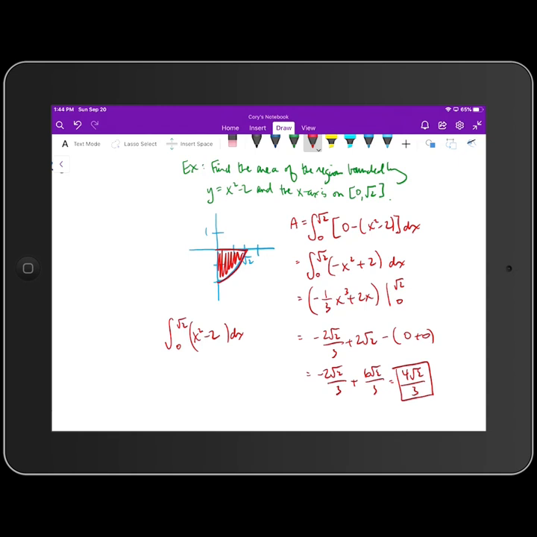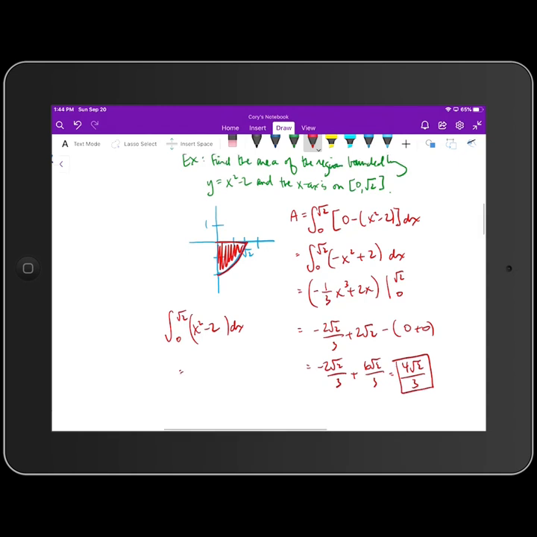And if we computed the value of that integral, that should give us negative 4 rad 2 over 3. Okay, so the directions in the problem when it says find the area bounded by that function and the x-axis, that in essence is asking you to find the area between those two curves.